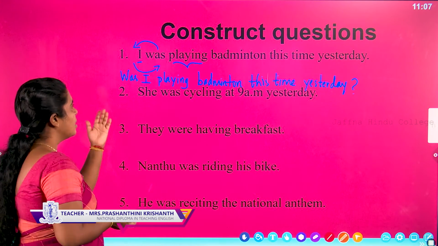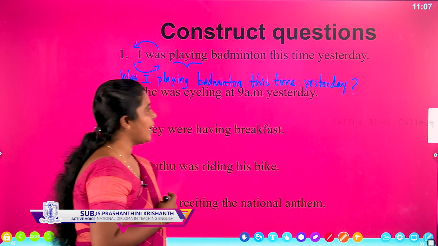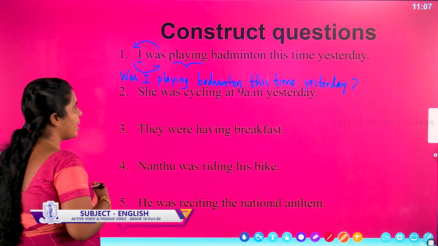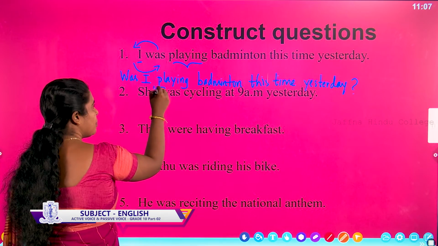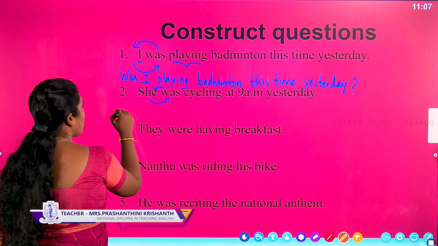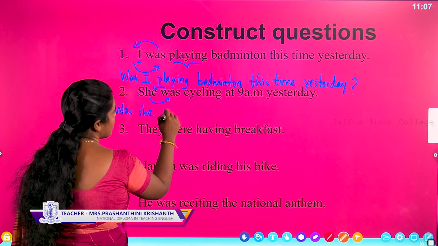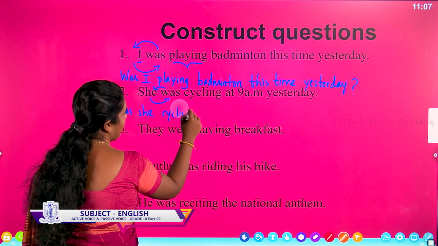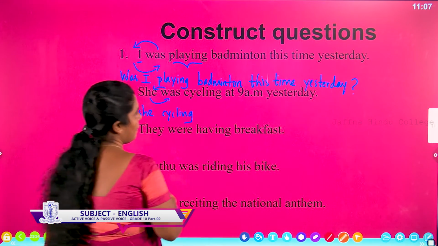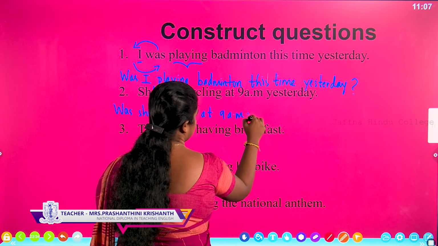Right? Like that. Number 2, she was cycling at 9 a.m. yesterday. Right? So just change helping verb first, subject second. Right? Was she cycling at 9 a.m. yesterday?